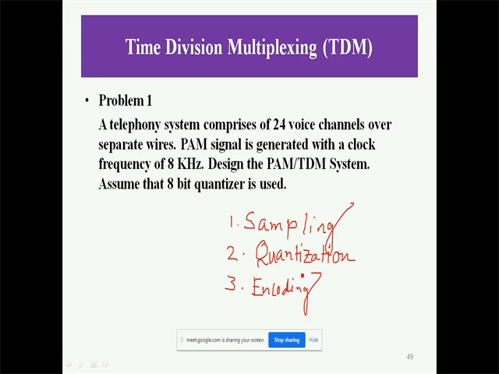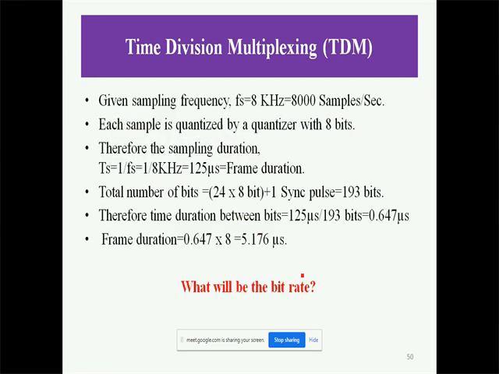So here an 8-bit quantizer is used. So how do you apply this concept to a telephone system?